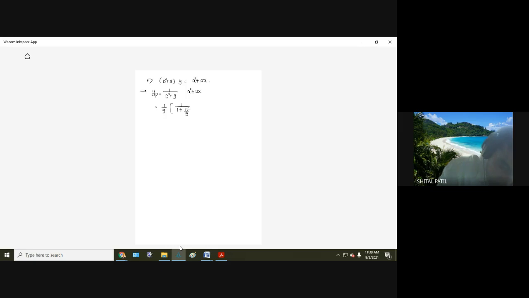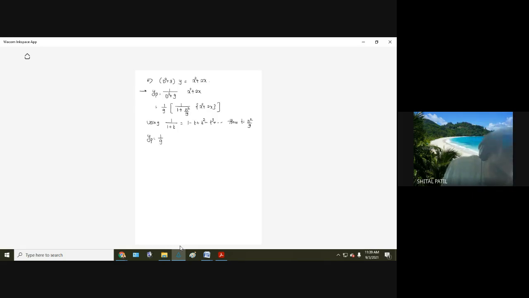Why? It is required for our formula. Required for this formula. Write the value of t. Okay, now it is like this.